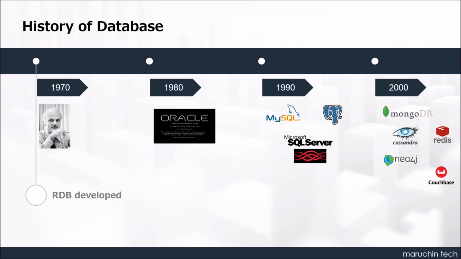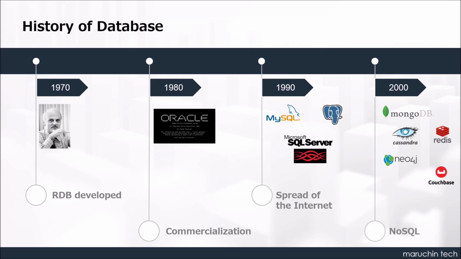In the 80s, commercialization progressed, and Oracle released the first commercial database. Also, SQL spread as the standard query language. In the 90s, with the spread of the Internet, online transaction databases became common. Then, in the 2000s, demand for more flexible databases rose, and a new type of database called NoSQL appeared.